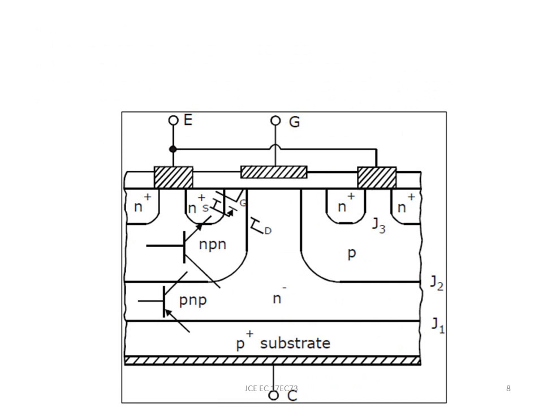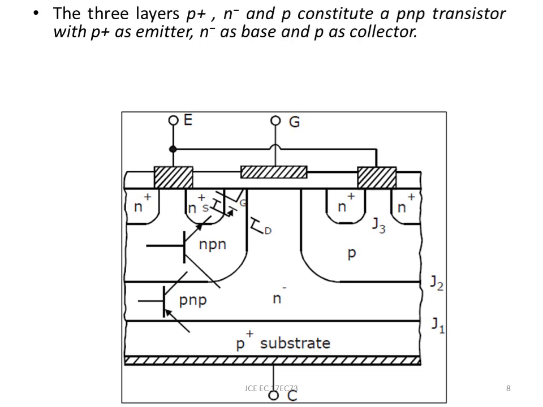Now let us peek inside what exactly happens in IGBT and how the structure actually works. You will see that there are three layers: P plus here, N minus here and P here.